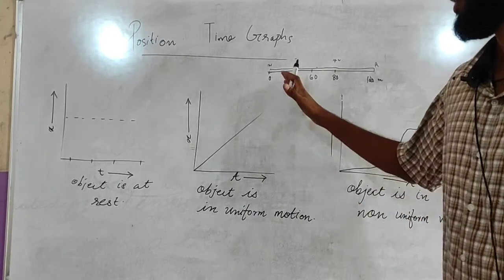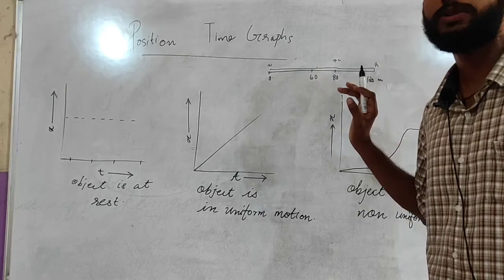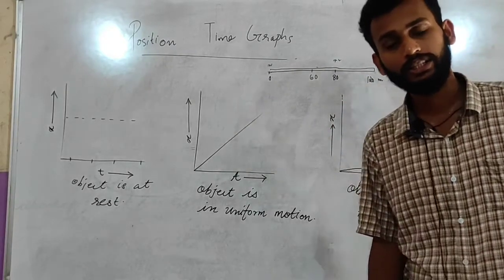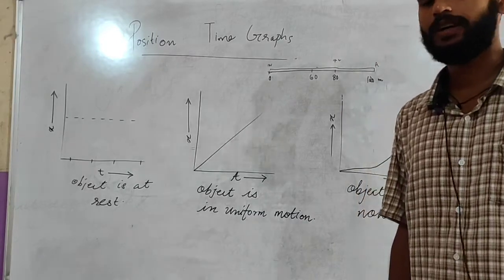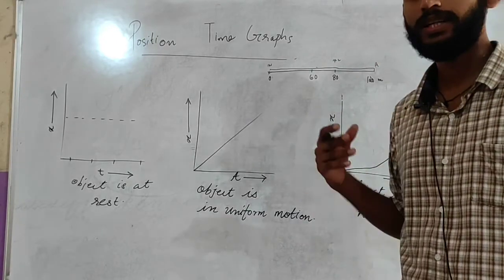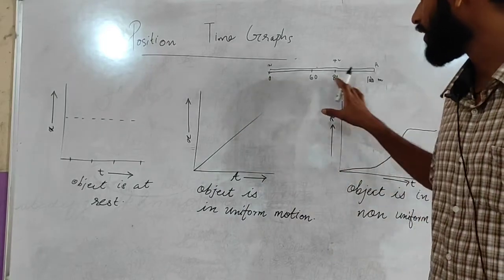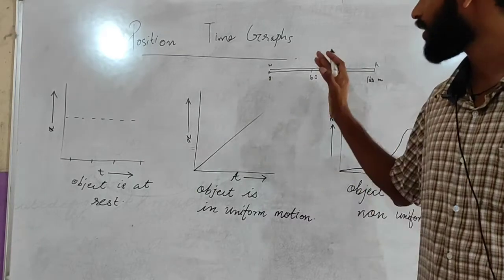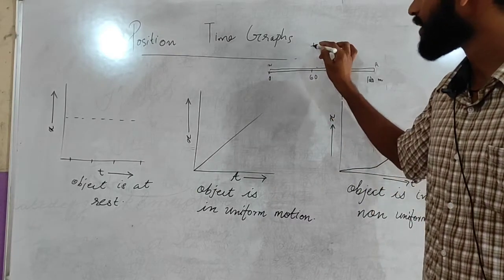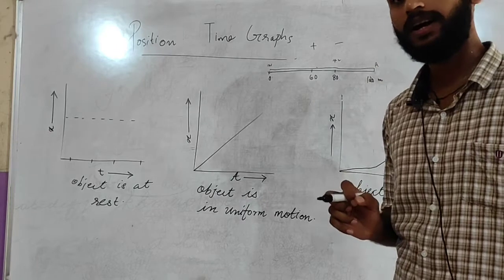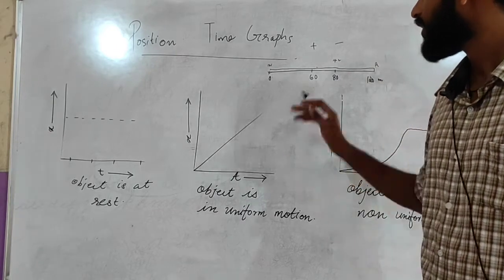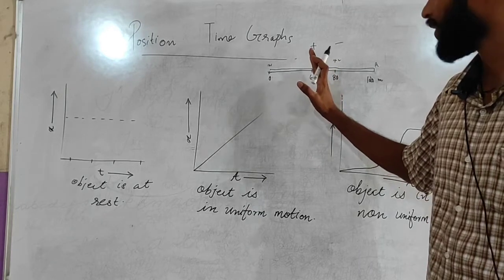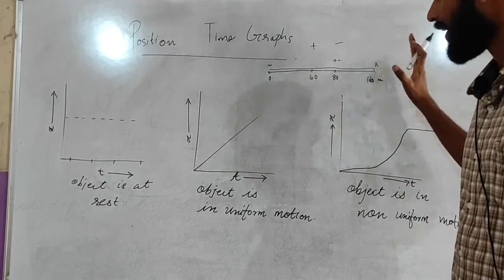The next one, the path length is a scalar quantity, but the displacement is a vector quantity. Here we are not giving the notation of vector, because we are considering only one axis, or the motion in a straight line. So just with the help of the signs plus and minus, we will define the direction. If it is plus sign, the direction of movement is from left to right.